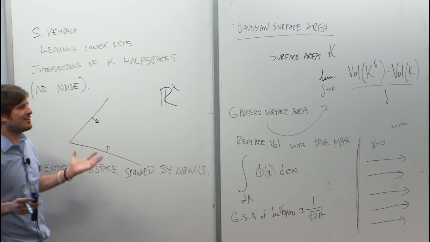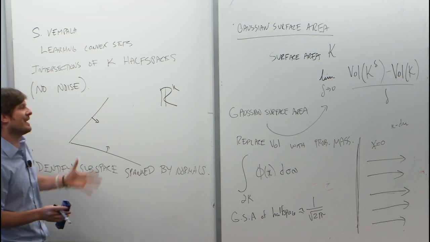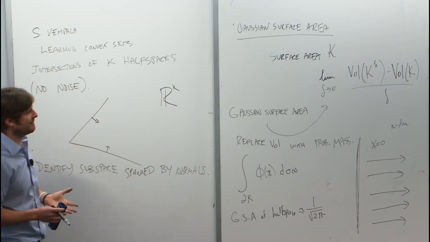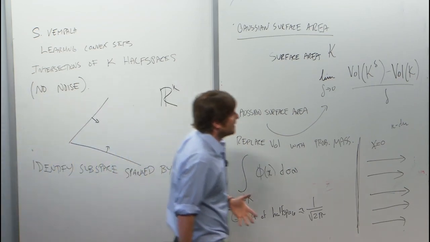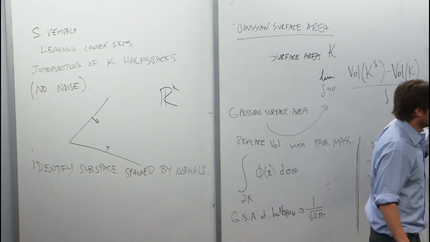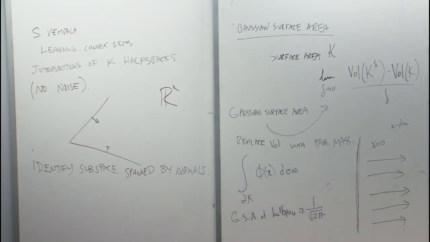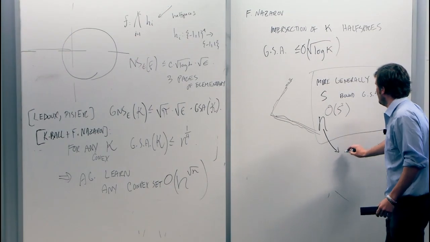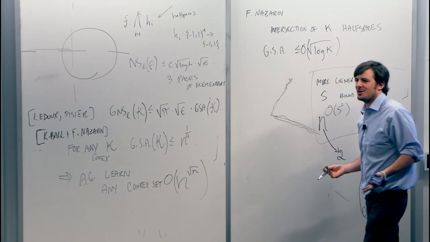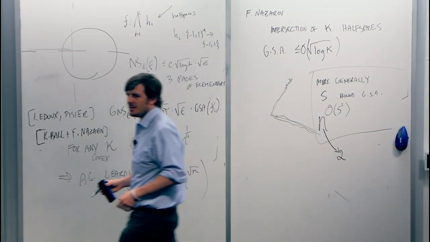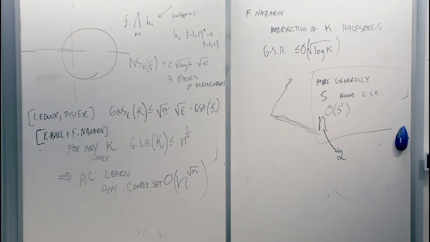So once I'm in R^2, there are lots of things I could do. I could use brute force search, or you could apply our algorithms, and instead of an n here, you could replace it with 2, or whatever dimension that you've projected down to. Okay, so identifying the subspace that's spanned by these normals, it'd be fantastic if you could do that. It really simplifies the problem.